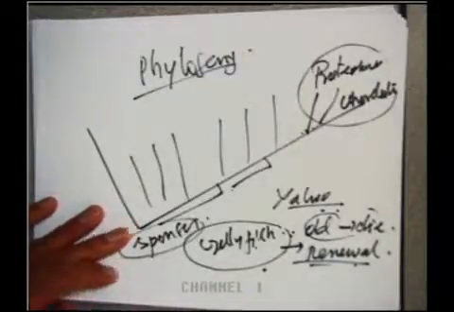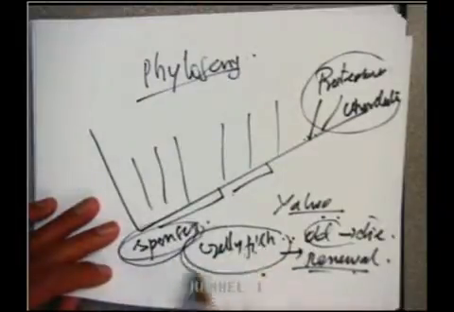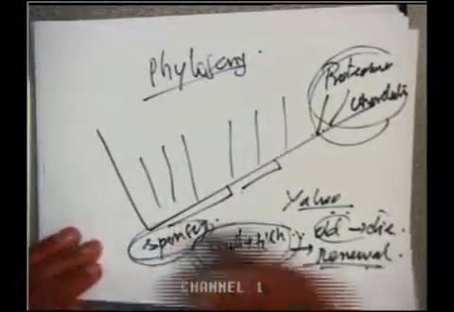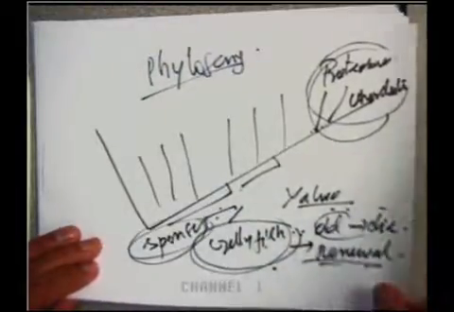But please understand that in the phylogeny, sponges and jellyfish, and then you have the chordates, they have different ways of obtaining oxygen, and the diffusion process is good for sponges and jellyfish. The oxygen is diffusing because they are living in water.